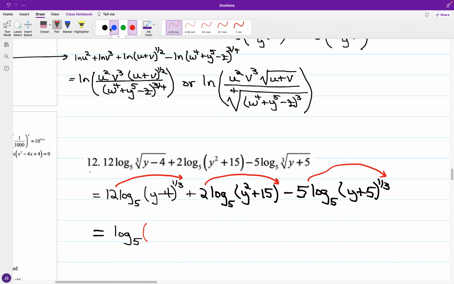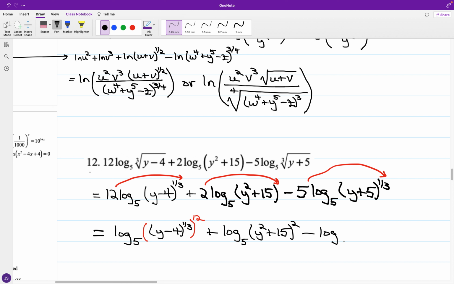So we've got the base 5 logarithm. Now we have y minus 4 to the 1/3, and we have taken to the 12th. We have plus the base 5 logarithm of y squared plus 15 quantity squared.